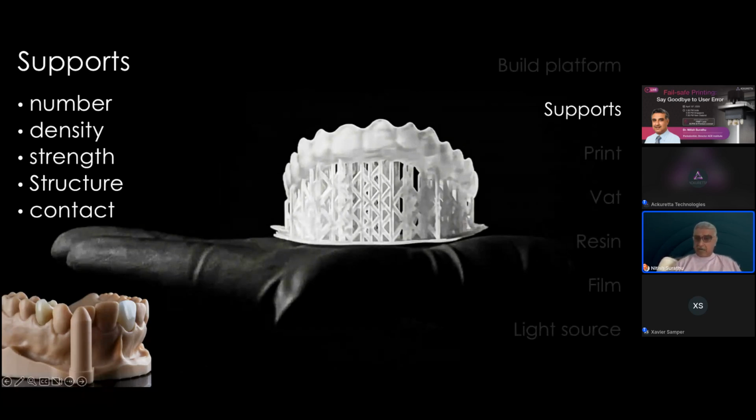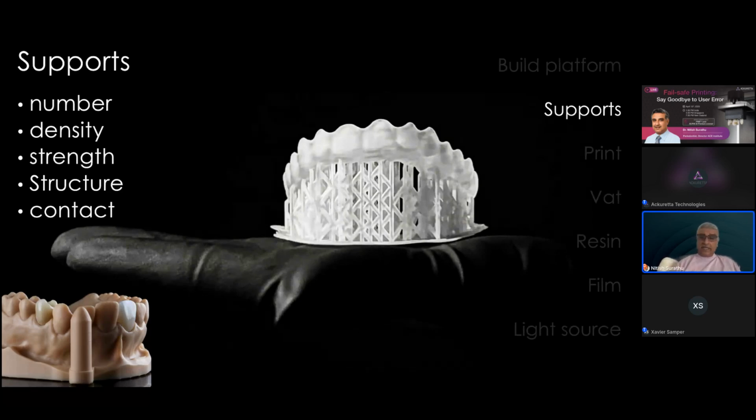Now, supports can have a number. You can have many supports. Their density matters depending on what you're printing, meaning per unit area, you have more supports. You can also have thick supports and thin supports in terms of strength. You can have interconnectivity between supports, and that's what we call structure.